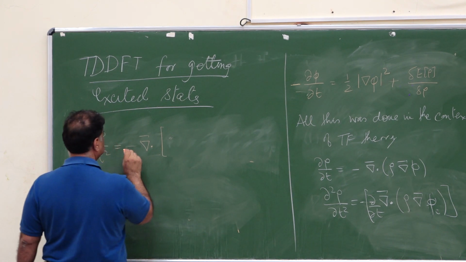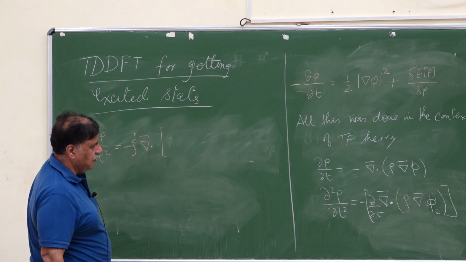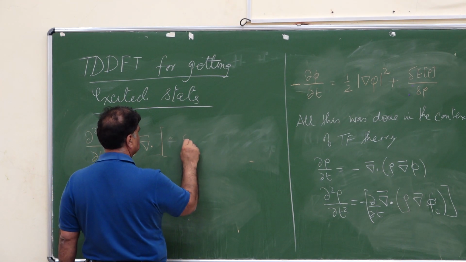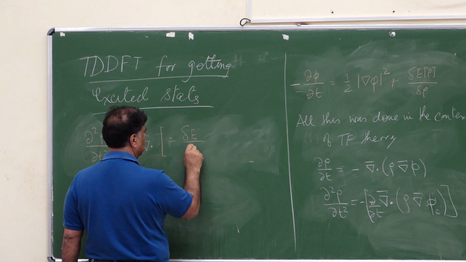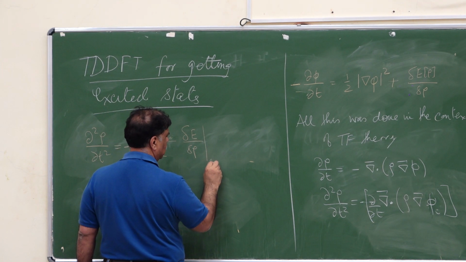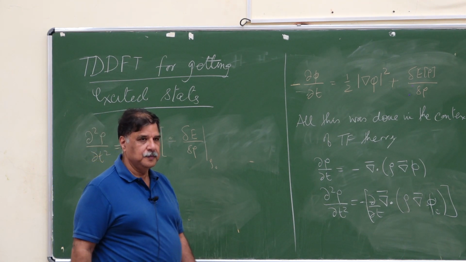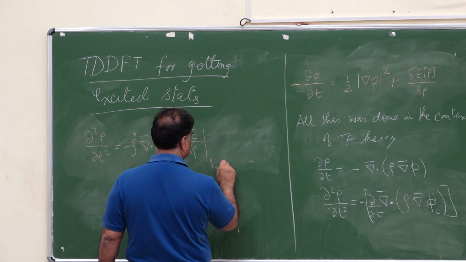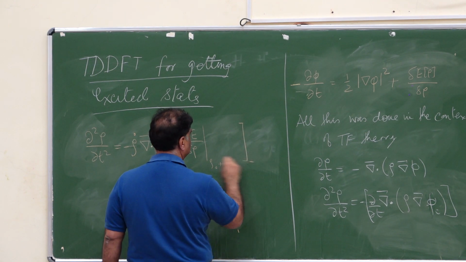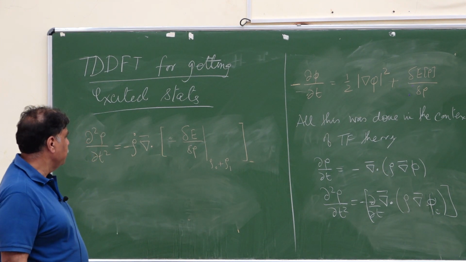Rho 0 can be taken out because it's a constant. And d phi 1 by dt was minus dE by d rho. That's what I wrote, right? Okay.